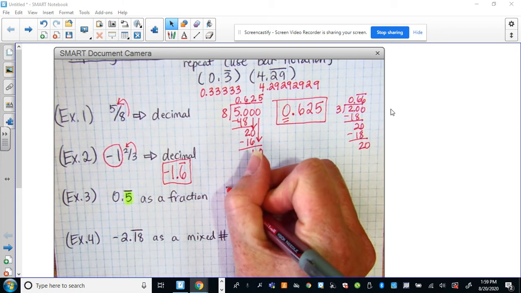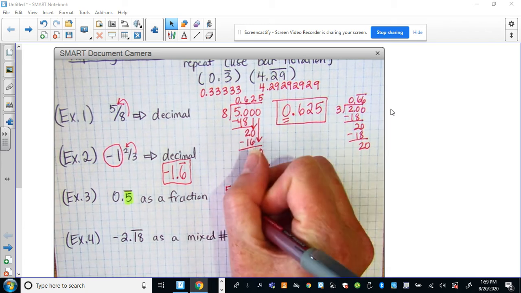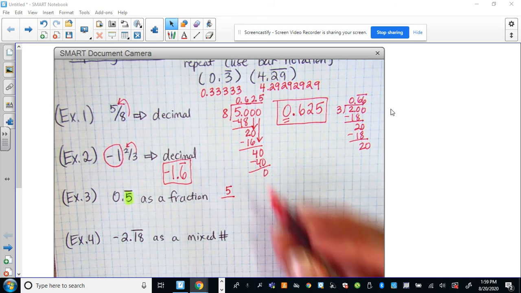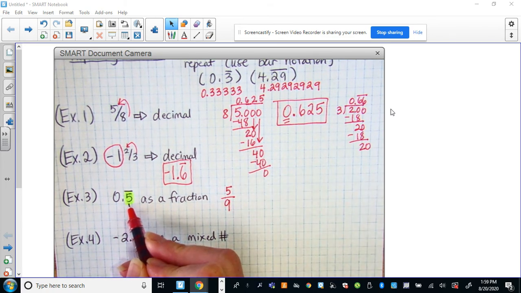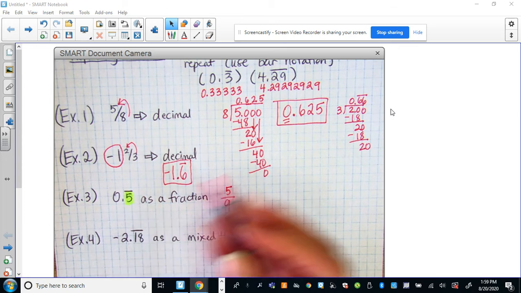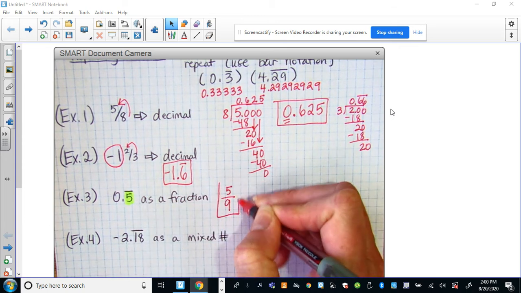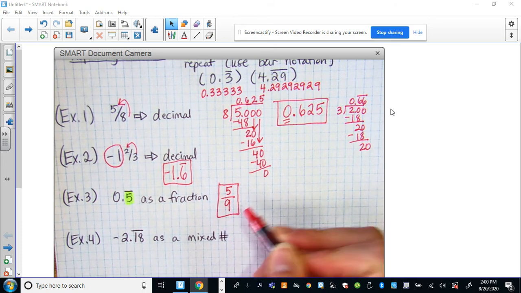So we're going to put the 5 as the numerator in your fraction. Always the denominator is a 9, and it's how many numbers repeated. So only one number repeated, which was a 5. So your fraction for 0.5 repeating is 5/9.